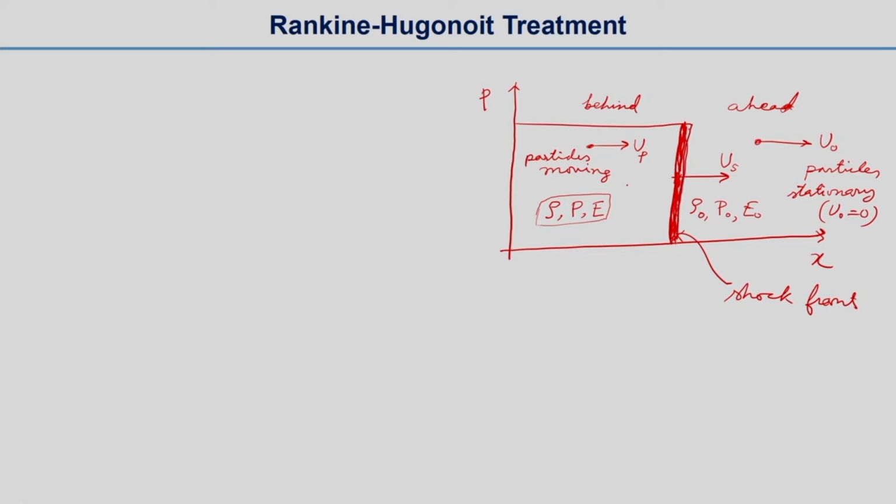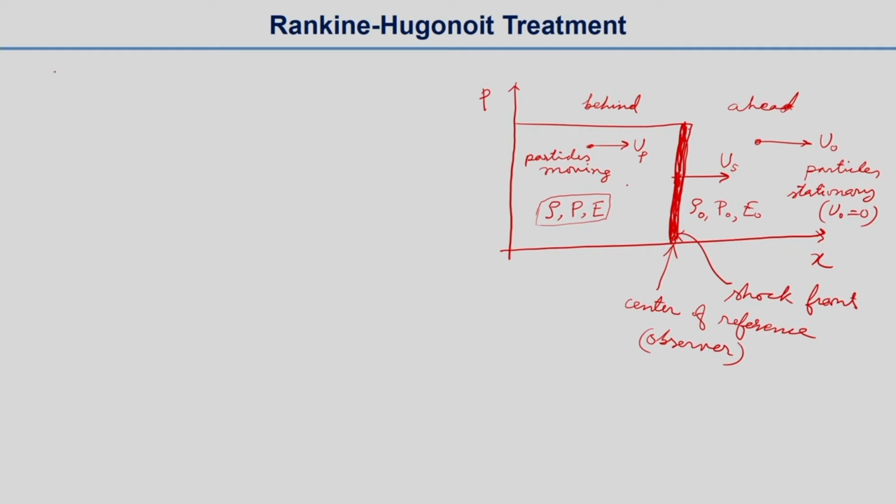We will assume that there is a center of reference at the shock front, and that the observer is at the shock front. So, basically, let us say it is moving with the front.